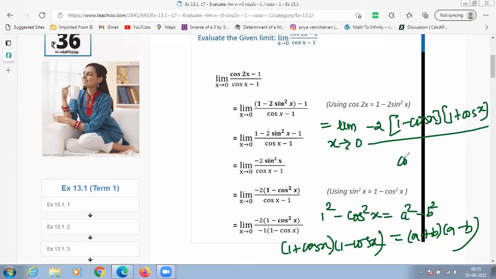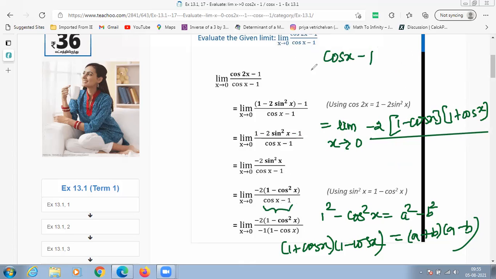x minus 1. And I'm going to rewrite cos x minus 1 as minus of 1 minus cos x for the cancellation, for the simplification. Is it clear? Ma'am, what are you writing as minus 1? You do have cos x minus 1, right?